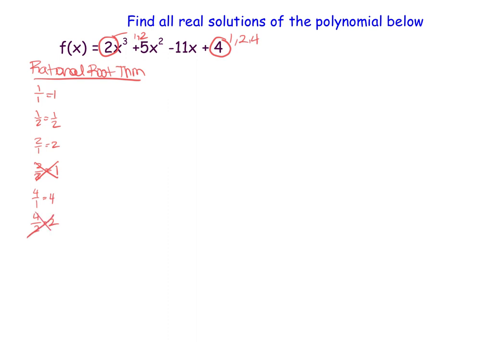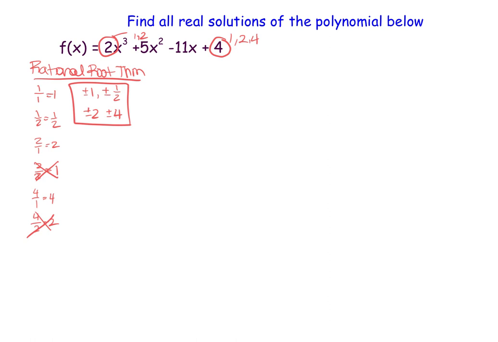So my rational roots include plus or minus 1, plus or minus 1/2, plus or minus 2, and plus or minus 4, which is kind of nice here because at least it's only a list of 8 possible roots that we need to test. So I'm just going to start picking roots to test and test them.